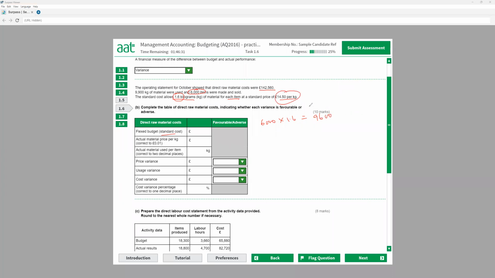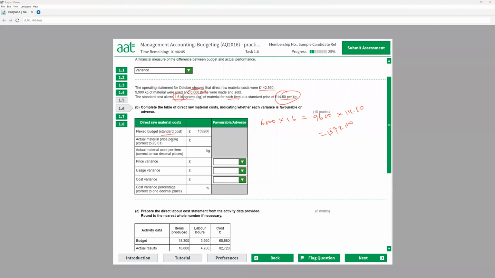And per kilogram should cost me 14.50. So my total standard cost is supposed to be 139,200.